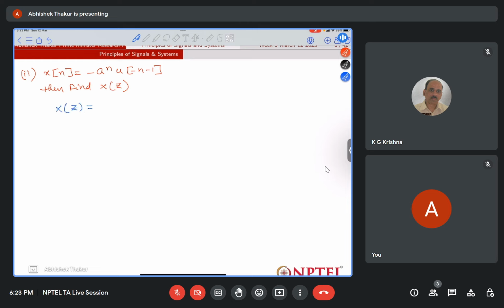So X(z) is equal to the summation from n equal to minus infinity to infinity of minus a to the power n u[minus n minus 1] z to the power minus n. We know that u[n] is 1 from 0 onward. So u[minus n minus 1] is 1 from n equal to minus 1 downward, and 0 for all other values.